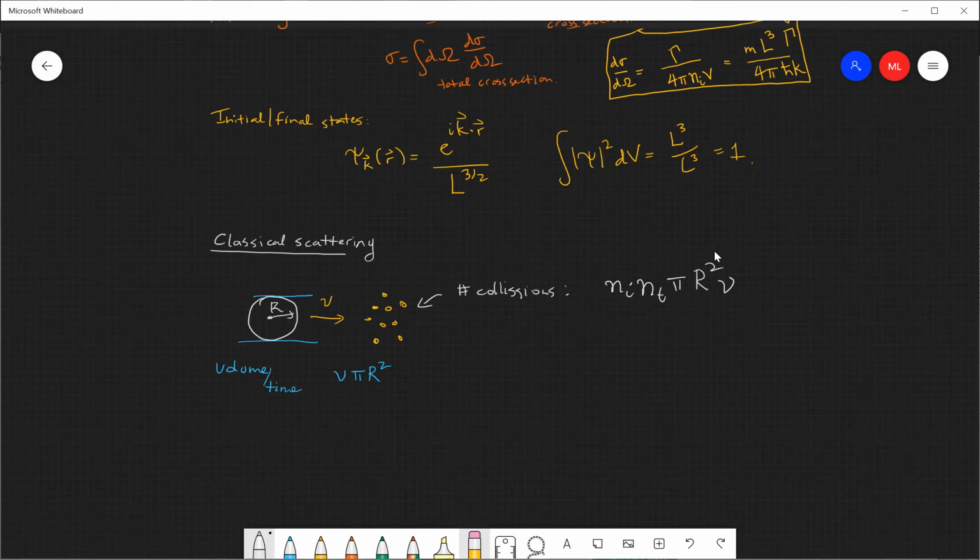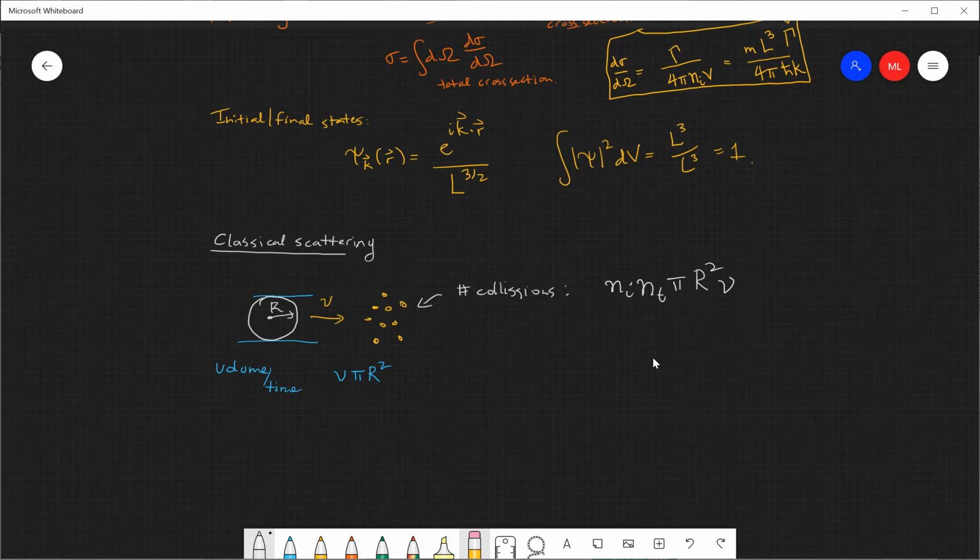The target density N_T times the swept volume per unit time gives the volume swept out by the incoming particles in the sea of target particles, and that gives the total number of target particles that volume interacts with. And there's one such volume for each incoming particle you toss in, so we multiply by the density of the incoming particles.